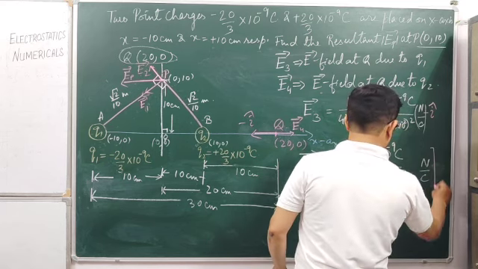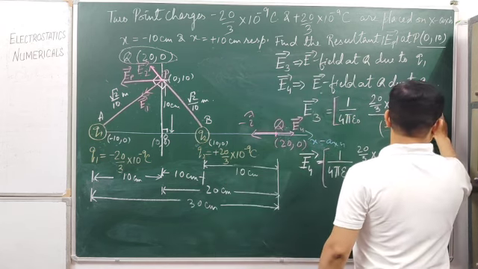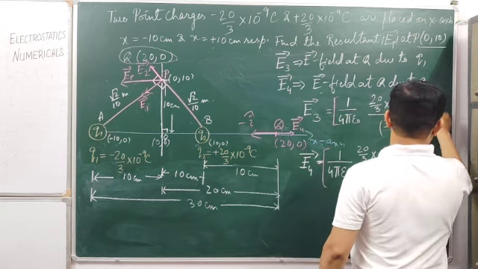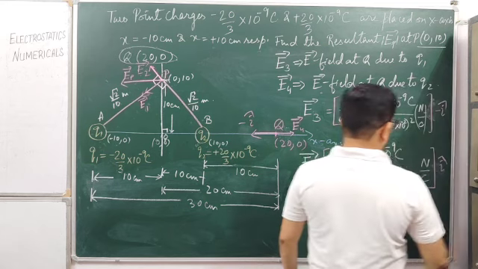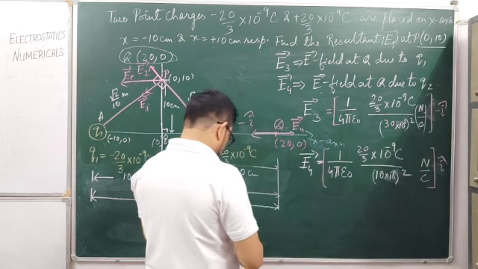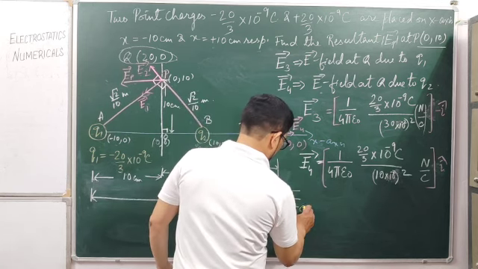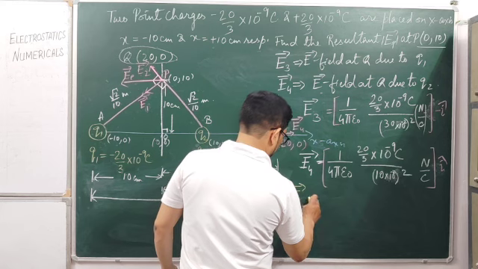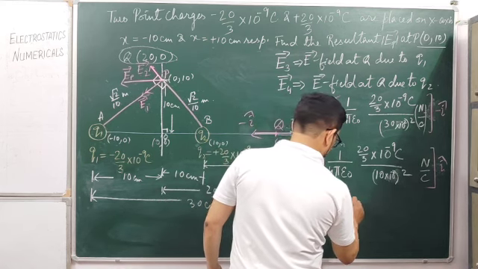This entire thing is the magnitude, and we multiply this magnitude with a unit vector to get a vector. So here it is minus i cap, plus i cap. So what's going to be the net value? Therefore E_Q, vectorially we need to add it. So E_Q is equal to E3 plus E4.